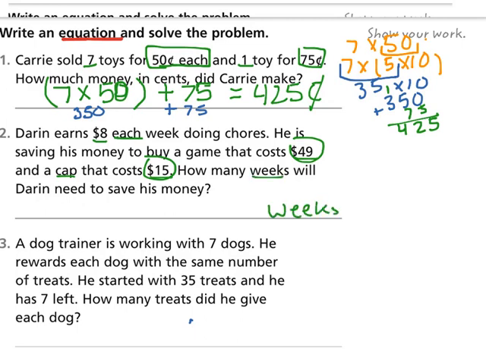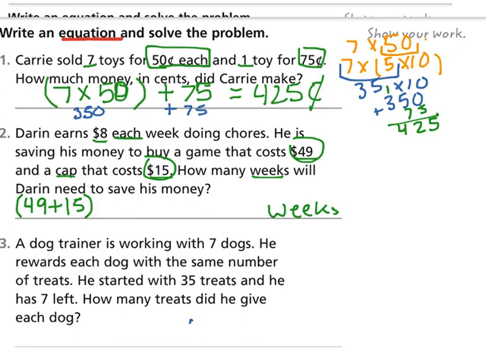So how many weeks? Now to do that, we're going to have to figure out the total amount of money, and if you add the 2 values of the different things he wants to buy, that'll give us the total amount. So we'll have parentheses 49 plus 15, close parentheses. That's the whole amount of money he'll need to make.